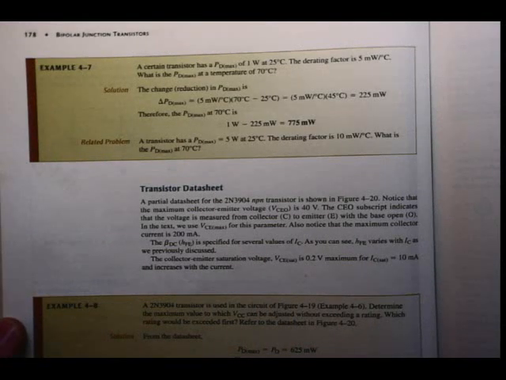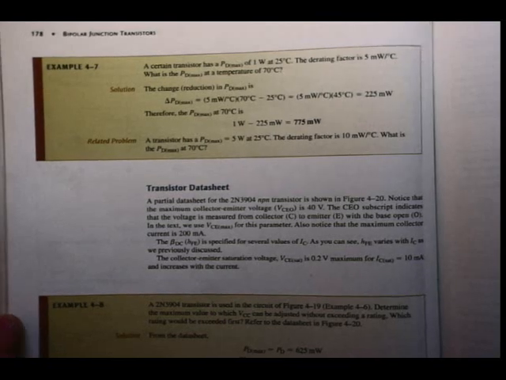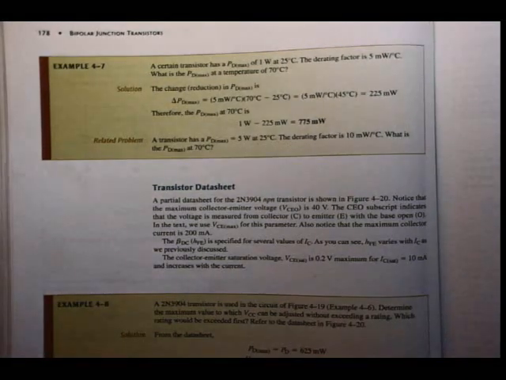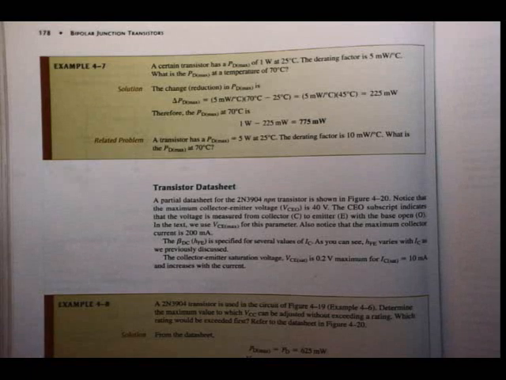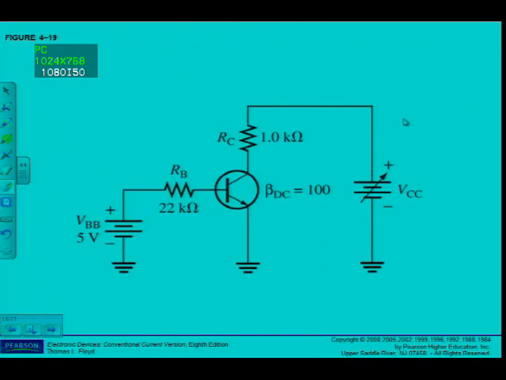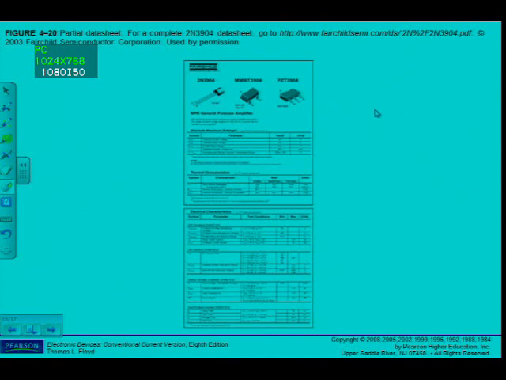Okay, then we get to the transistor data sheet. We have to be able to get some of the important information from the data sheet. I think you will have to follow me in your textbooks because this doesn't display very clear.